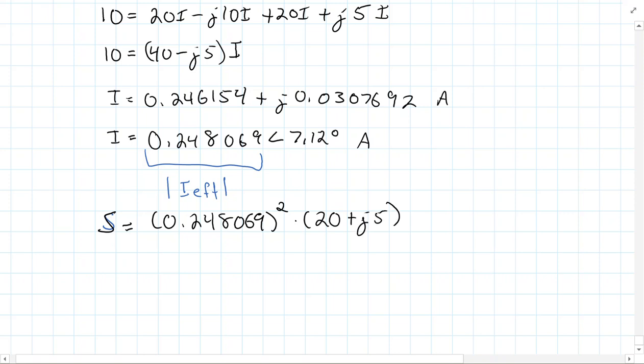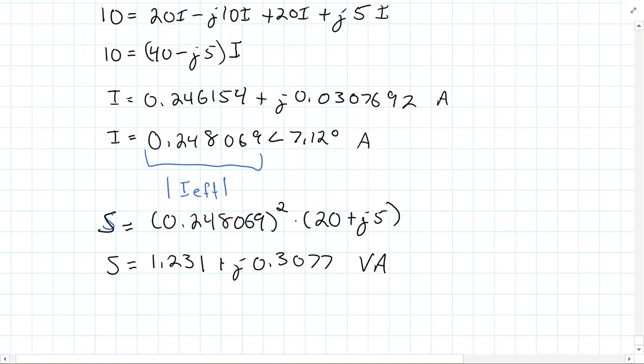So I do that: 0.248069 squared times 20 plus, oops, forgot to type it in correctly, plus 5j. You get that S is 1.231 plus j0.3077 volt-amps.